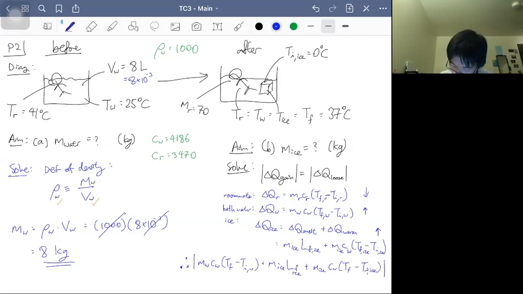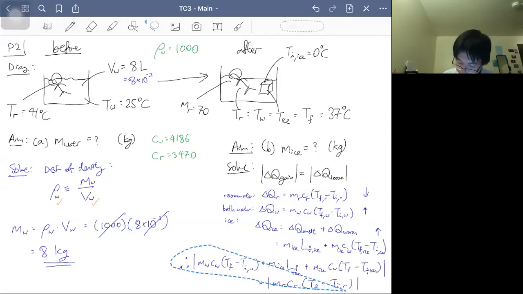That's the left-hand side, equal to the right-hand side, which is M roommate, C roommate, T final minus T initial of the roommate. Okay, let me copy this to a new page.